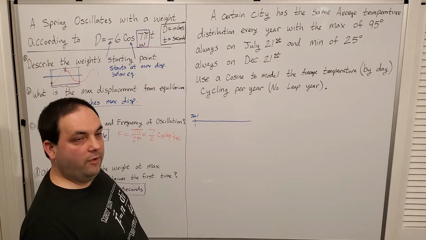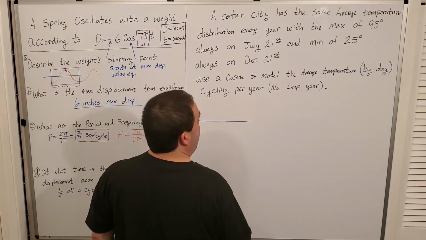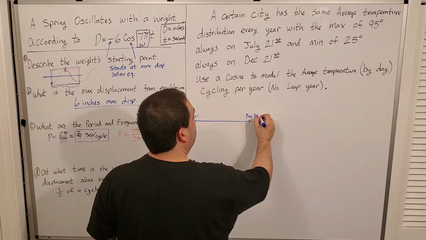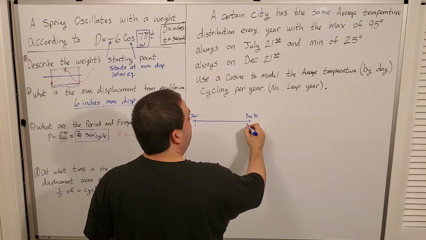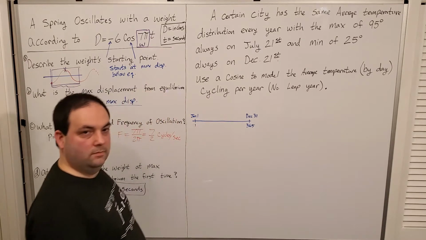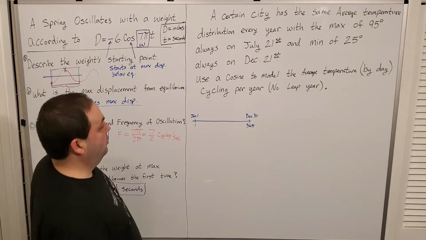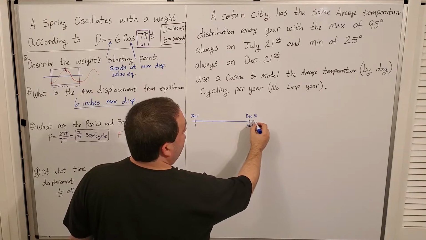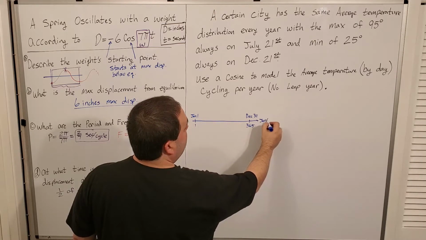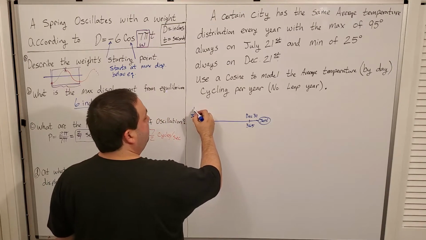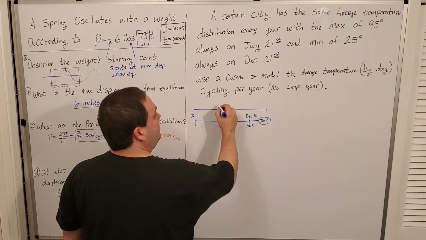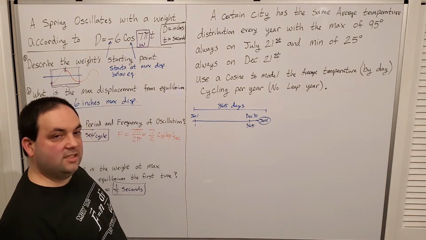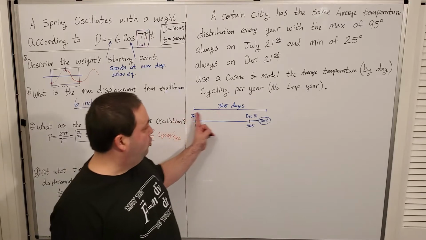So then the end of the year, December 31st, is day 365. The distance from there back to the next January 1st is 365 days. So it takes 365 days to go through one cycle.